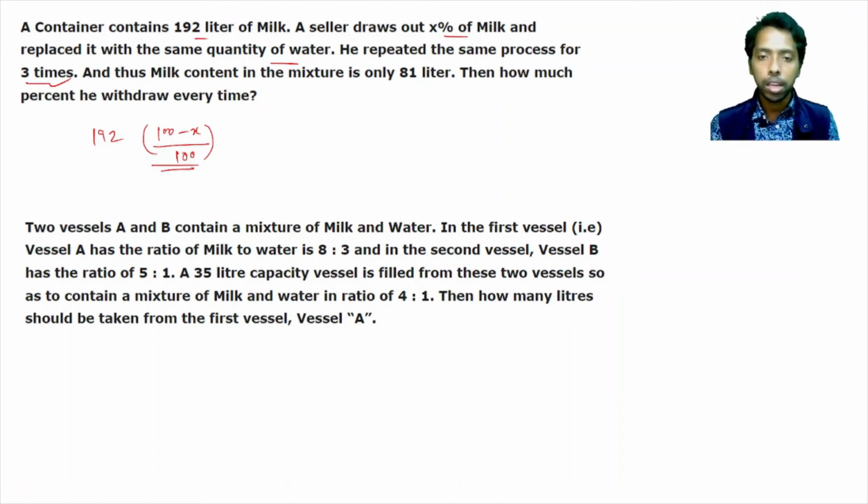I told you in the earlier session that if something is taken out and replaced with something else, whichever quantity is getting added, the concentration of the other one gets changed.